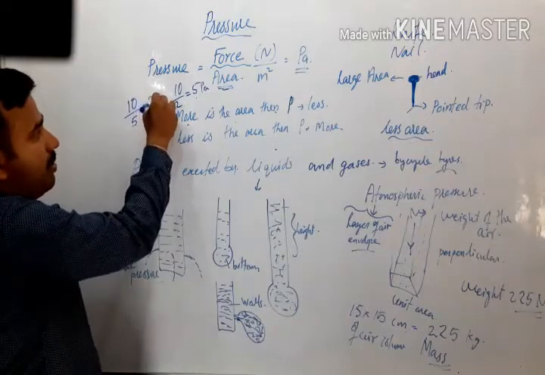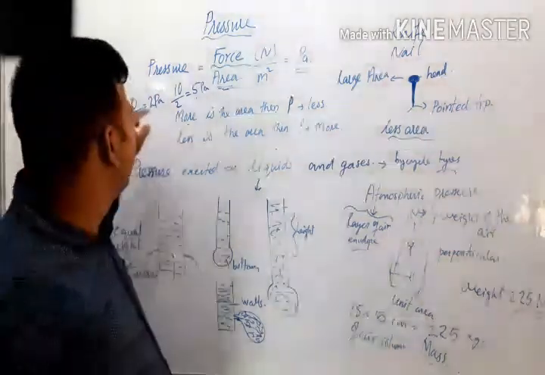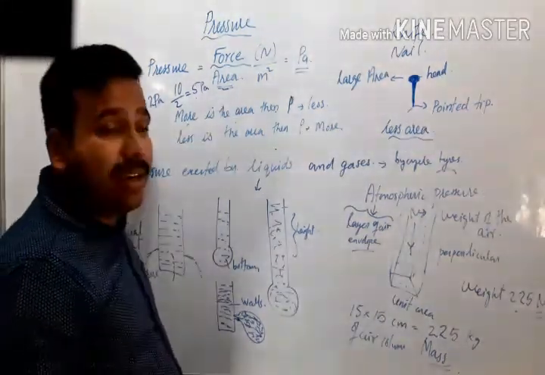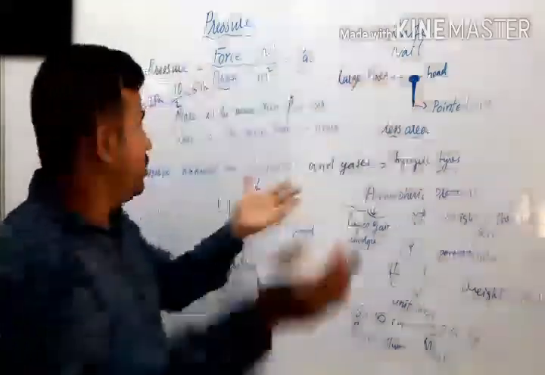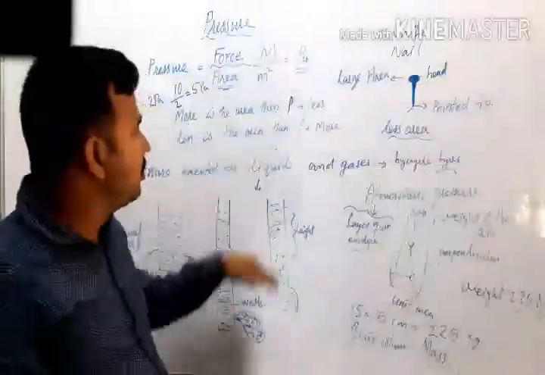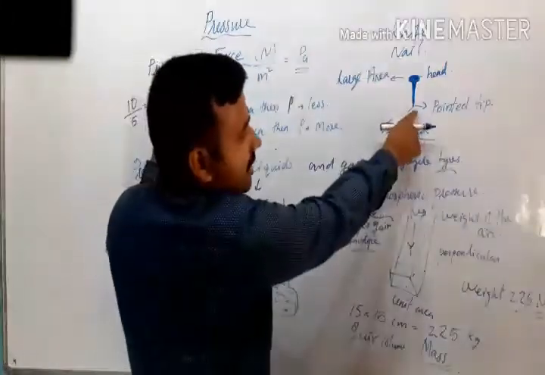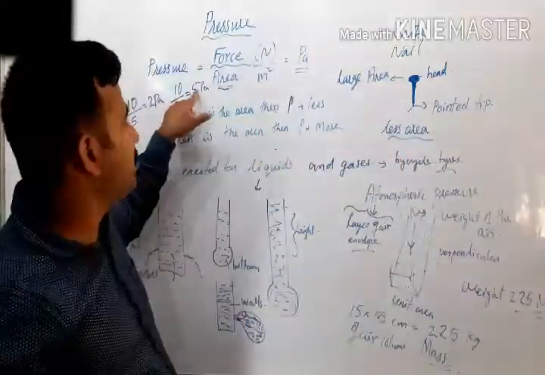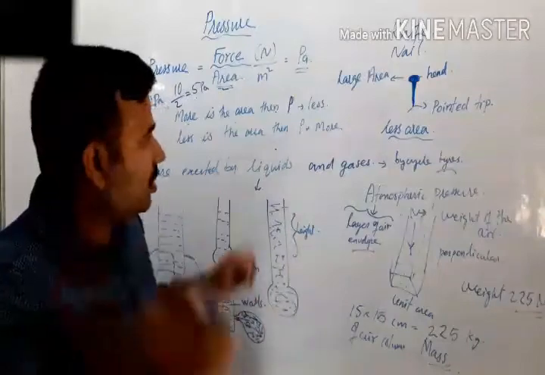The pressure will now become 2 Pascal. So as the area increases, the pressure will decrease, and as the area decreases, the pressure will increase. You keep this in your mind.